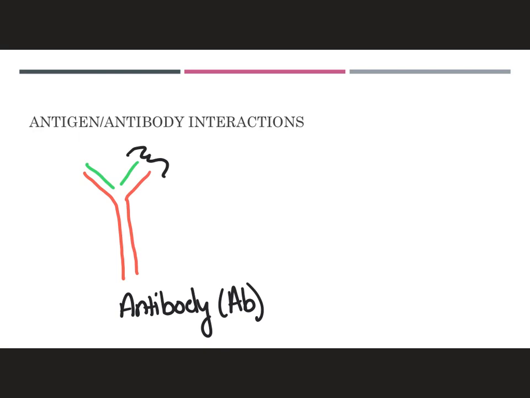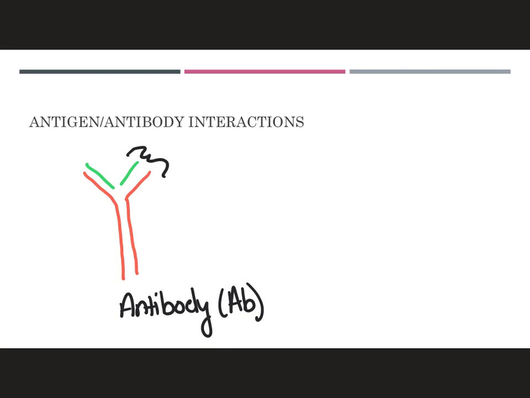So therefore, there's a lot of different antibodies that are capable of recognizing a whole slew of antigens. In later videos, I will talk more in depth about how those come about and how we can have so many antibodies that recognize different things. But for this video, I just want to touch on antibodies and antigens, what they are and how they interact.